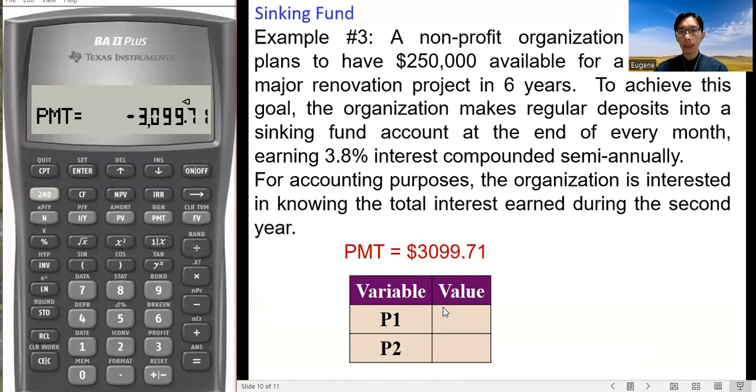So in the second year, the payment number starts with 13. And ends at payment number 24. So activate the amortization worksheet. P1 equals 13. P2 24.